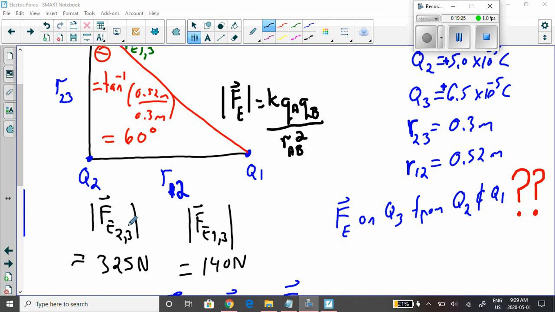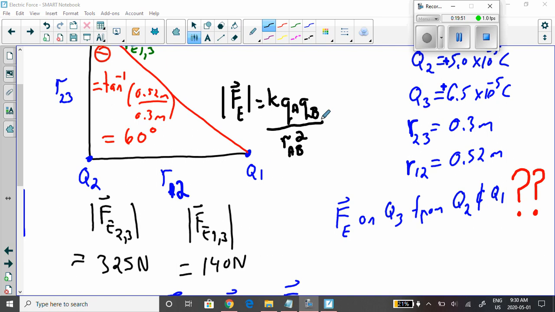So we would put in K, Q2, Q3 divided by how far apart they are, so that's R23 squared. So you put those values in there, Q2, Q3 divided by R23 squared with the electrostatic constant. You put that in there and you would get this value right here.